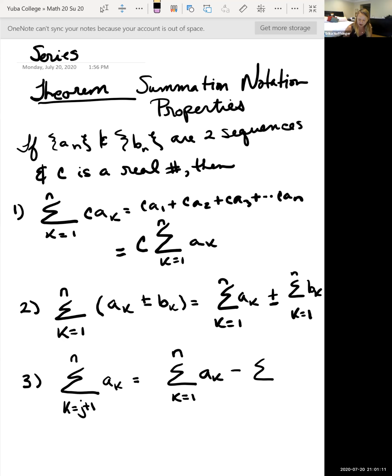So if we subtract off the ones between there, k equals 1 to j of a sub k.